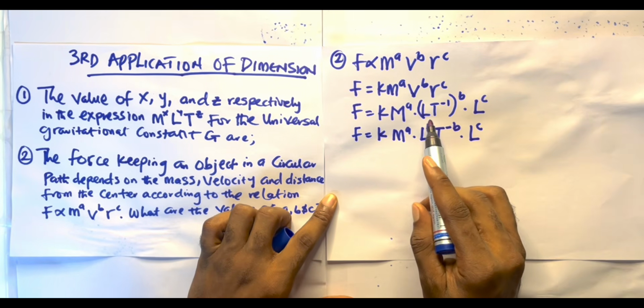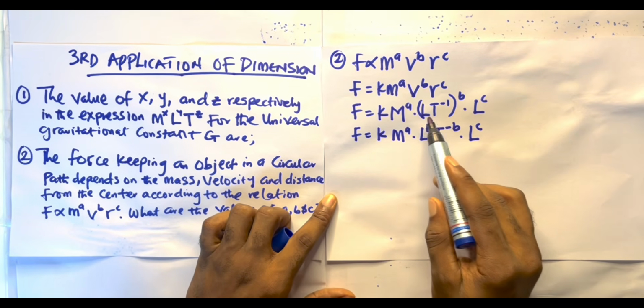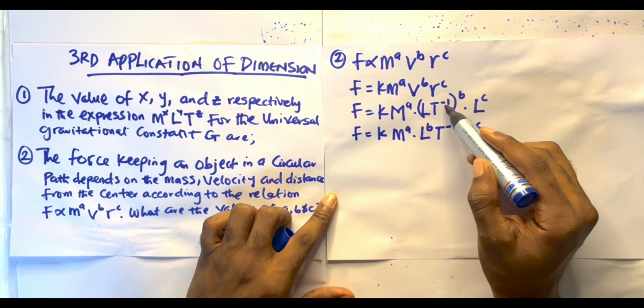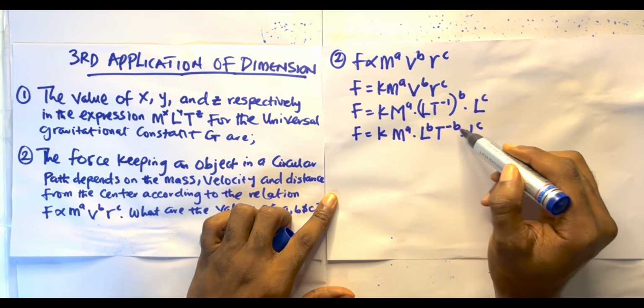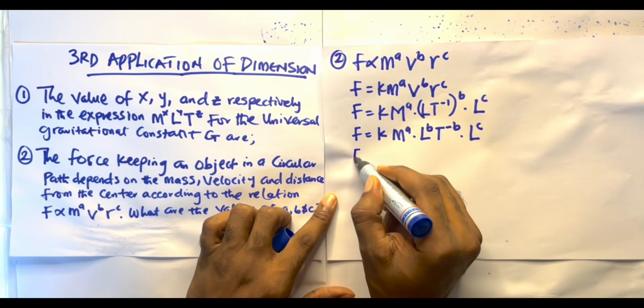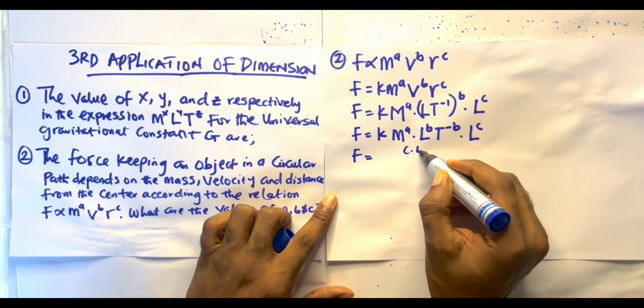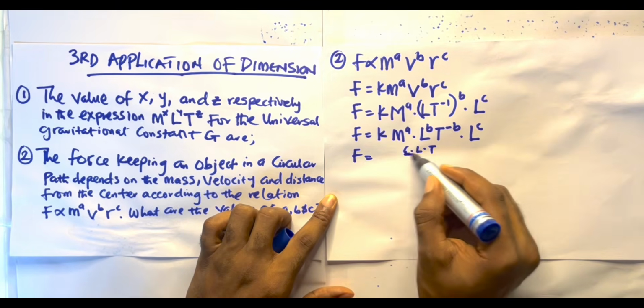I believe you understand how we open this bracket. L here times b will give us L^b. T^-1 times b will give us T^-b. So therefore, we'll be having F is equal to, the next thing we do is what? We collect like terms.